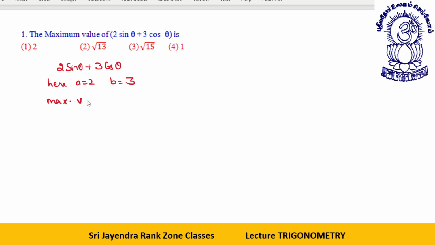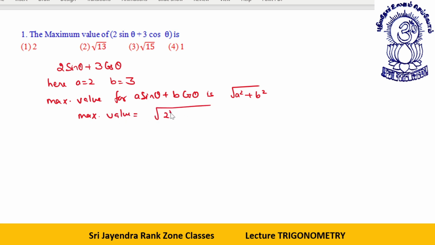The maximum value for a sine theta plus b cos theta is under the root a square plus b square. Therefore the maximum value will be under root 2 square plus 3 square, that will be 4 plus 9, that will be under root 13.